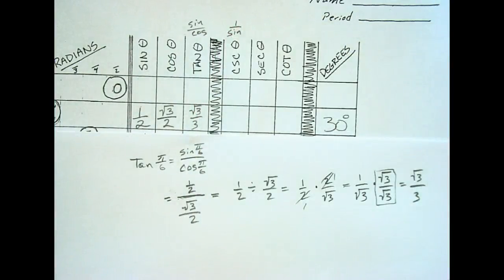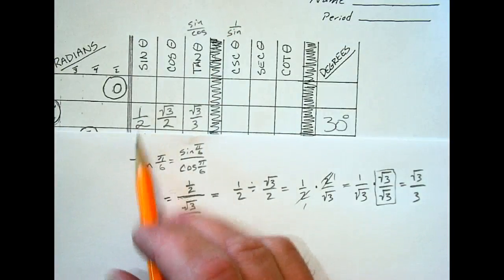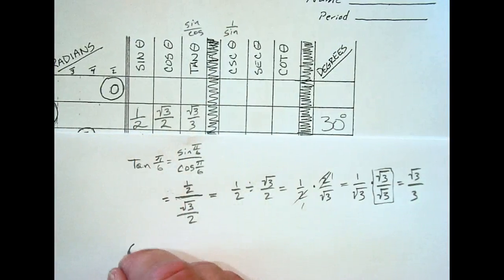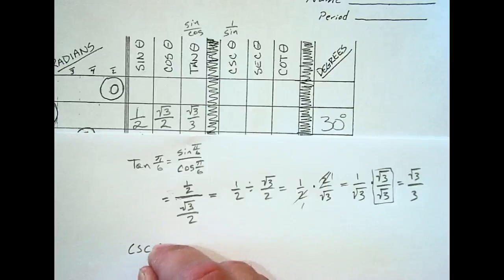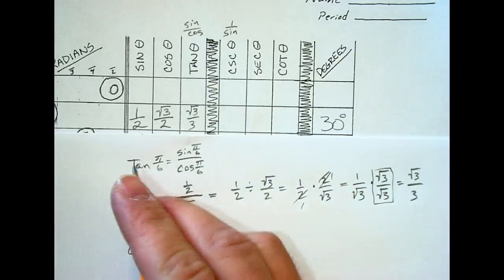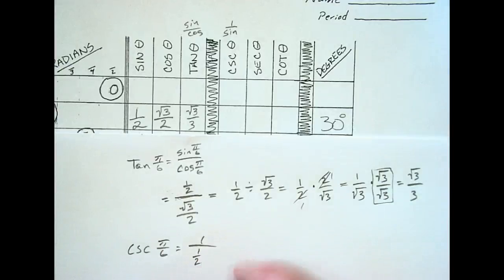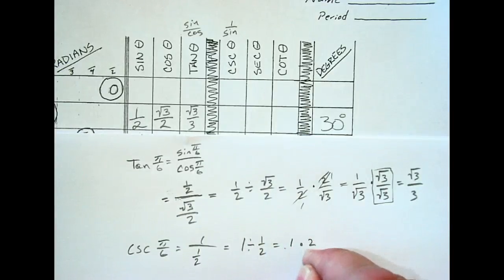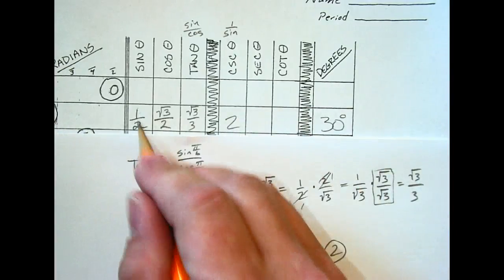Now the problem when I write it like that, I see students starting to write 1 over 1/2. They say, well, the cosecant of pi over 6 is equal to 1 over 1/2. And then they're like, what do I do there? Well, I go 1, and then I got to divide. I know McCoy did this in class, and then he goes, that's actually 1 times 2 over 1. Oh, it's just 2. Woohoo! Yeah, it is, because it's just the reciprocal, man. You just flip it.